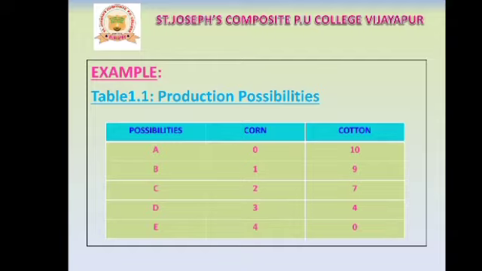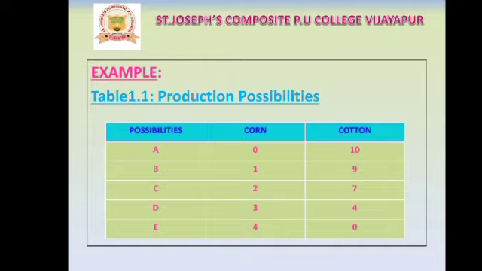When it reaches combination D, corn is 3 and cotton is 4. And finally at possibility E, the corn is 4 and cotton is 0.